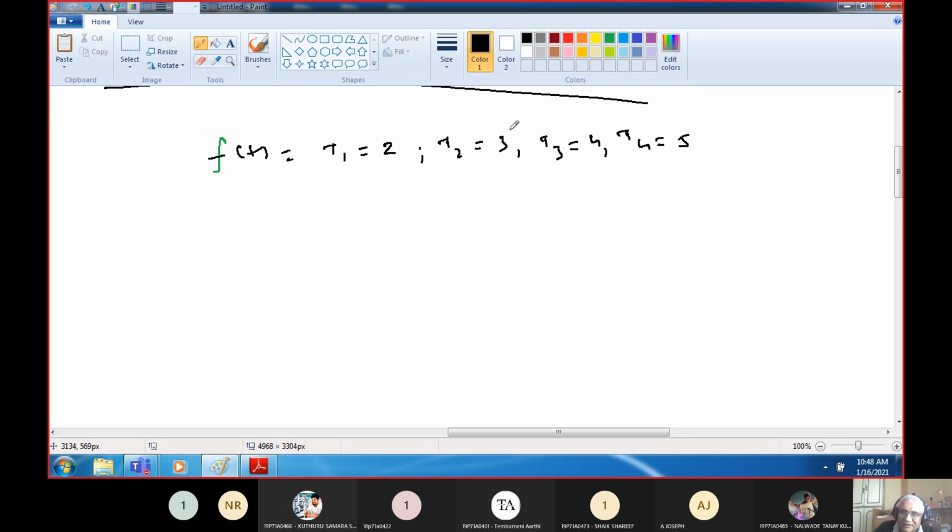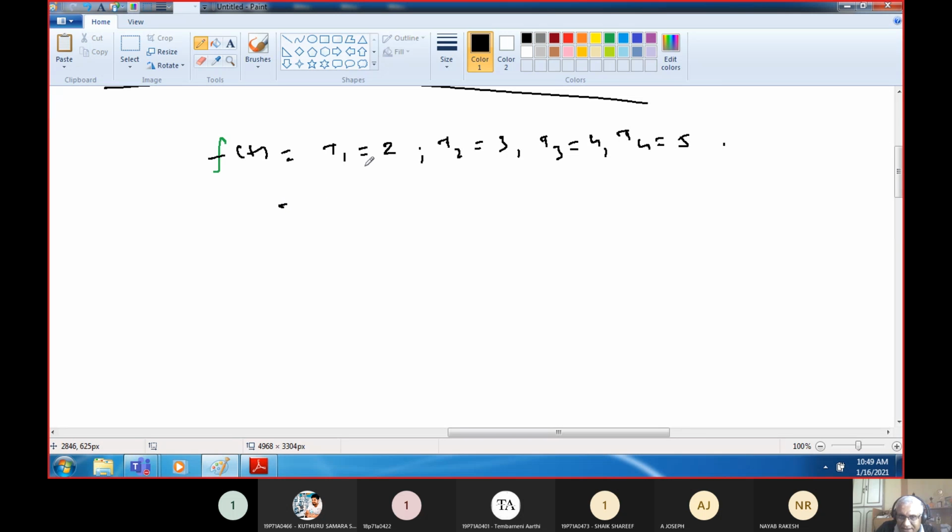Like this I am having the time periods. Or frequencies, you can take 1 by 2, 1 by 3, 1 by 4. Time period is more convenient to operate, so we are using that. Supposing there are 4 signals which are getting added and we are getting f of t.